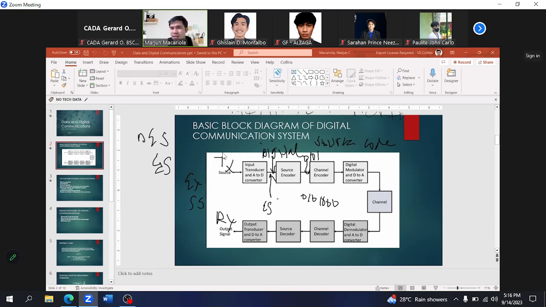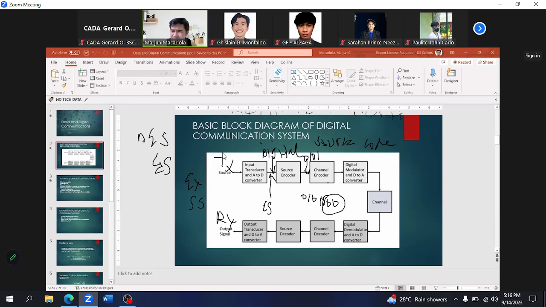So basically, what the source encoder does is first, it removes redundancy. Second, it removes unnecessary bits. Okay? Ito yung mga unnecessary bits. I-remove niya yan. Okay? So bakit nire-remove yung unnecessary bits? Removing of unnecessary bits helps the source encoder in bandwidth efficiency or bandwidth utilization.